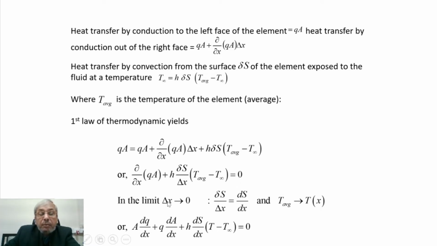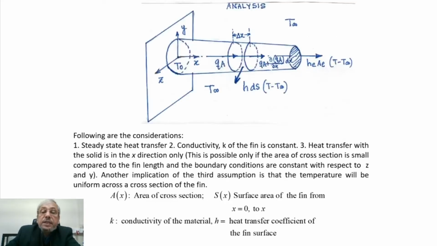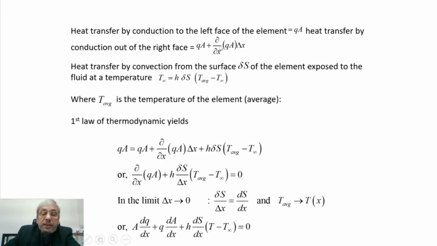In the limit of delta x tends to 0, delta x is basically this distance. In the limit of delta x tends to 0, delta S by delta x is dS by dx. So delta S by delta x, under the limiting condition, is dS/dx.